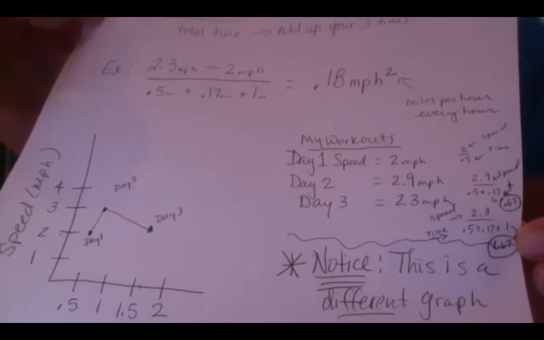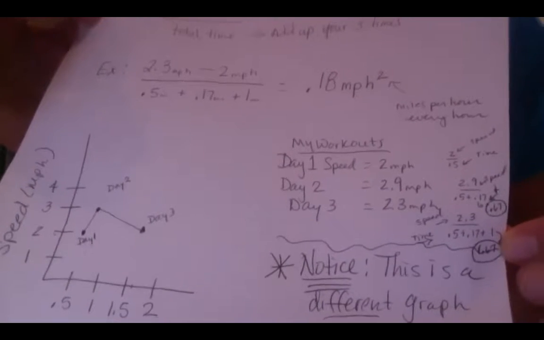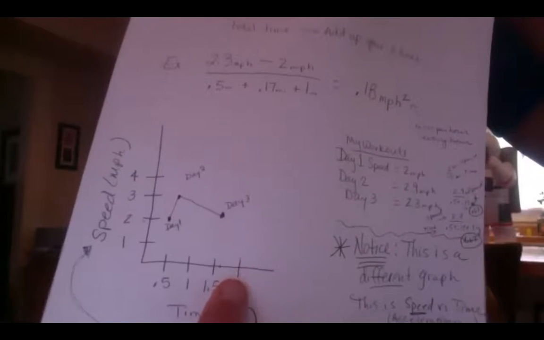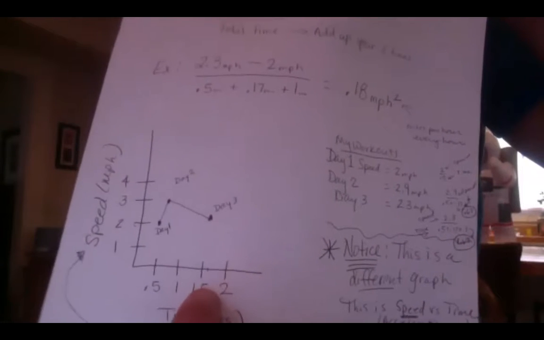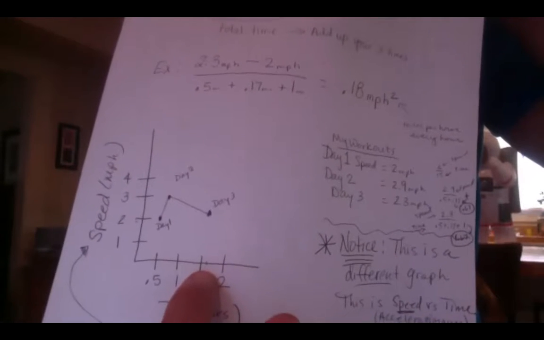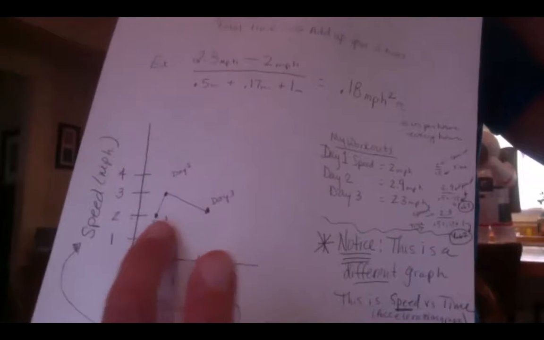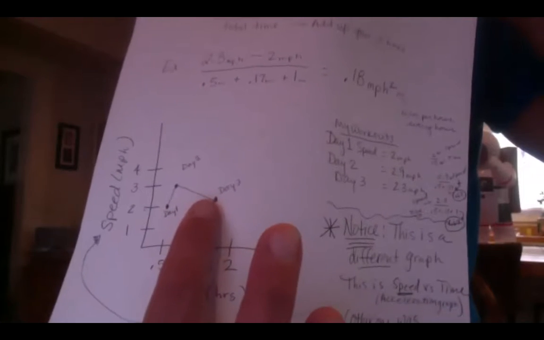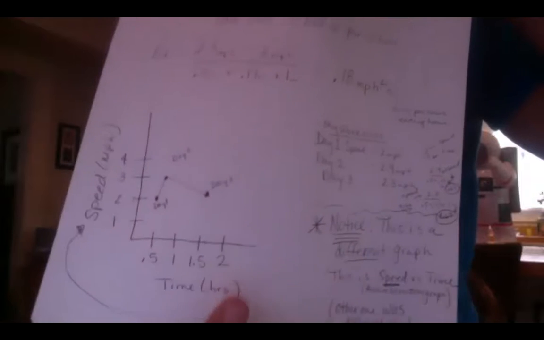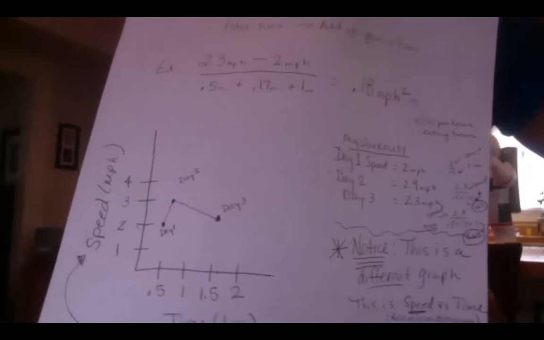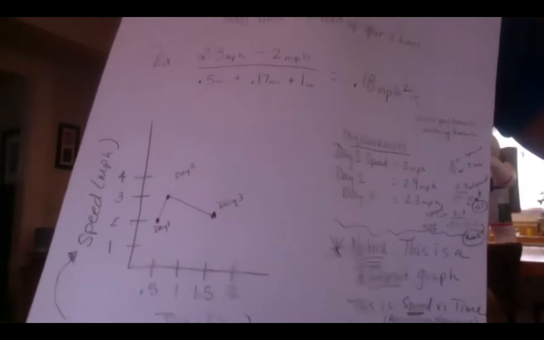So that's what I'm putting in for my time. And my speed is 2.3. So here's my time. 1.67 is somewhere closer to 1.5 than it is to 2. So that little dot I made right here, and then going up to 2.3, I got my dot right there for day 3. And then I just connected my dots to show the slope of the line, which is the acceleration.